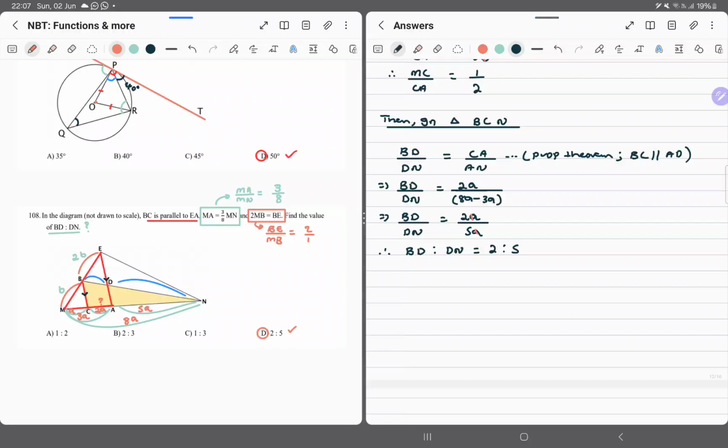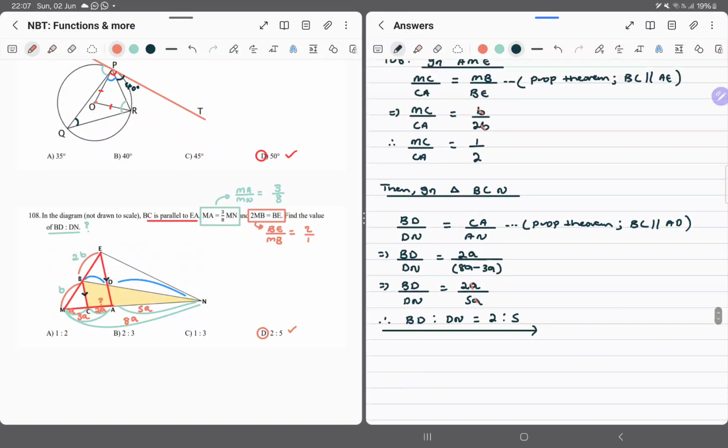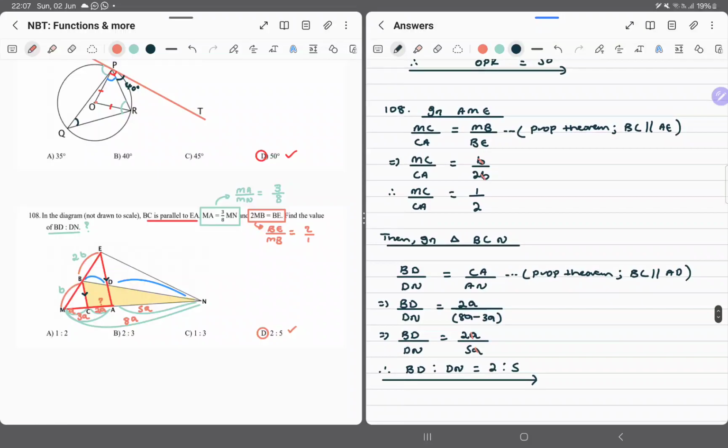Where is that answer? Option D. Okay guys, obviously I'm taking you through the steps that are necessary to get these answers correct. At the same time, I want you to be in a position to see where you went wrong or where you made mistakes in case you did. Because if you are quick and smart, you can do this within reasonable time, sparing some time to revise.